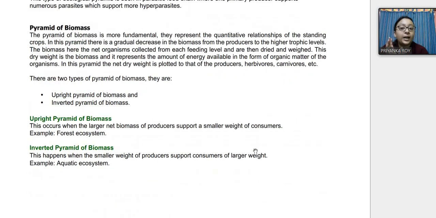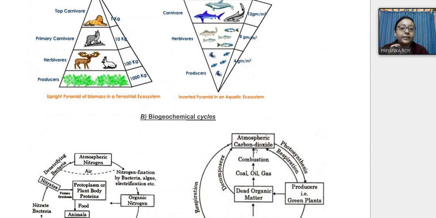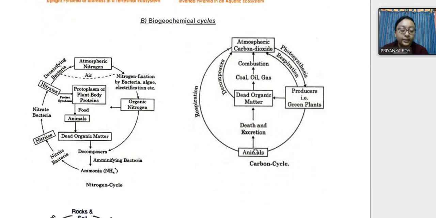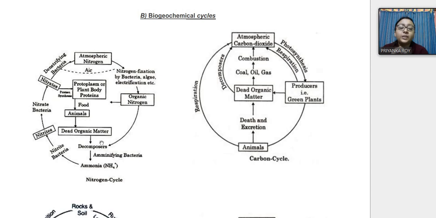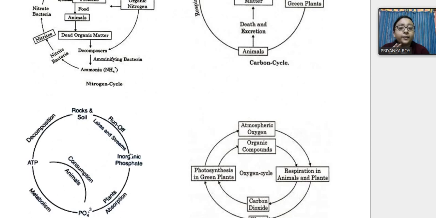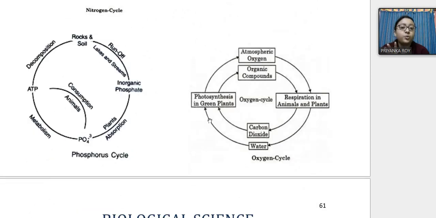Now coming to the last topic of this segment, that is the biogeochemical cycles. This is very similar to what we had studied in environmental science classes. Each component like nitrogen has its cycle, carbon has its cycle, then phosphorus has its own cycle, oxygen has its own cycle.